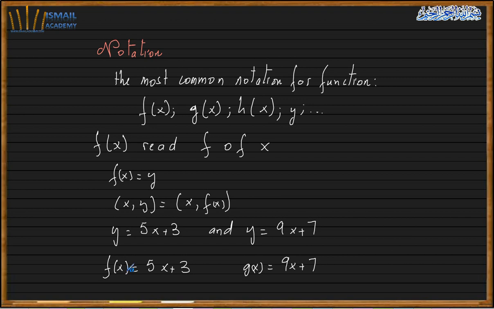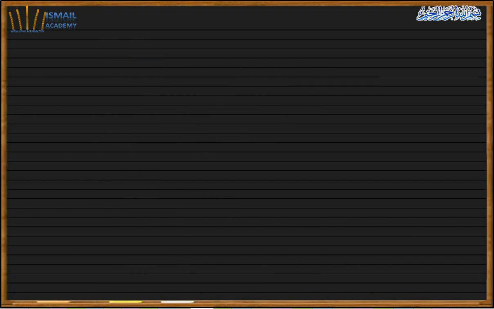Graphically, we use the vertical line test. There is another way to check it algebraically. A relation is a function if every pair has distinct x.